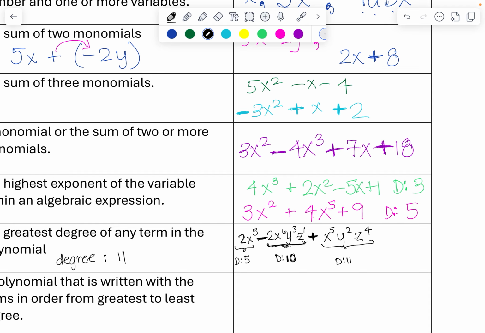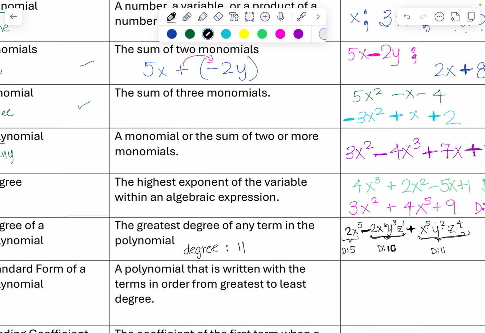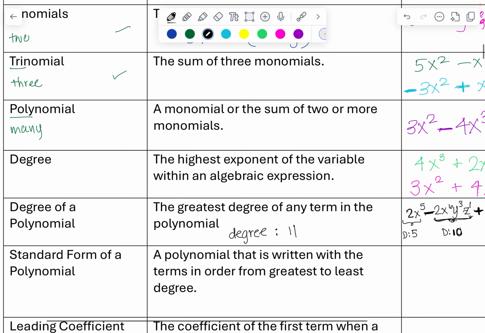So that's a degree to the 10th power. My third term, however, has degree to the 11th power because when you add up your exponents, 5 plus 2 plus 4, you get 7 plus 4, which is 11. Therefore, the degree of your polynomial is 11. So note the difference between degree and degree of a polynomial.